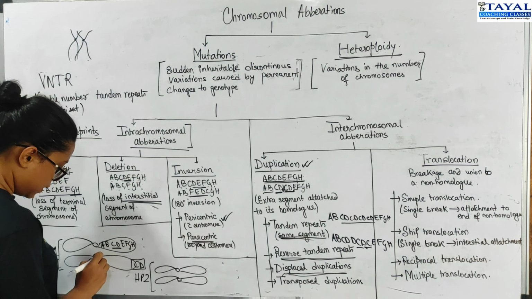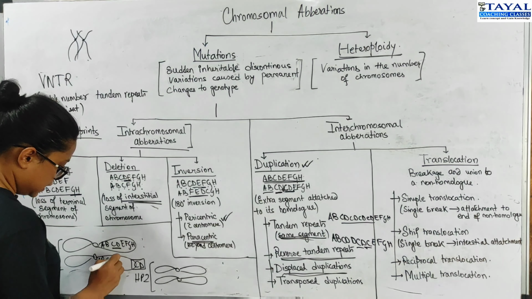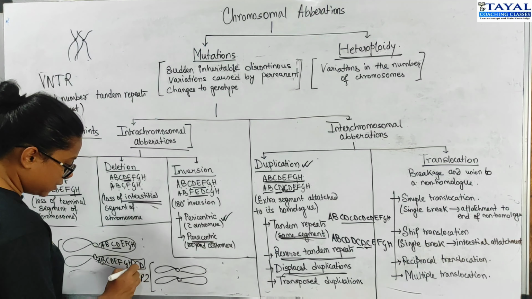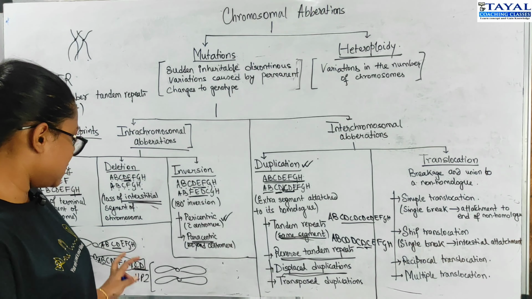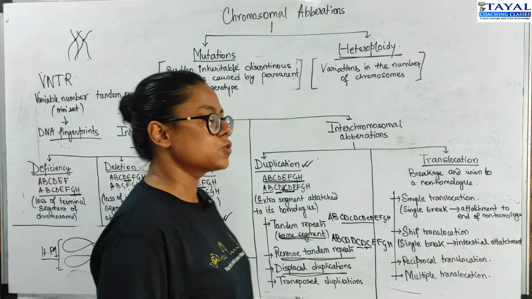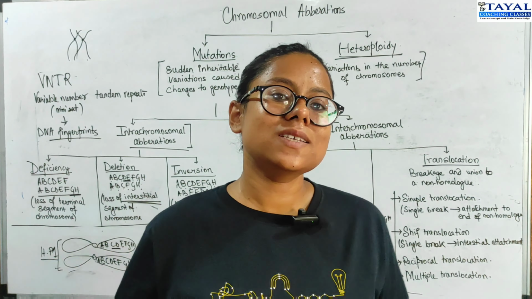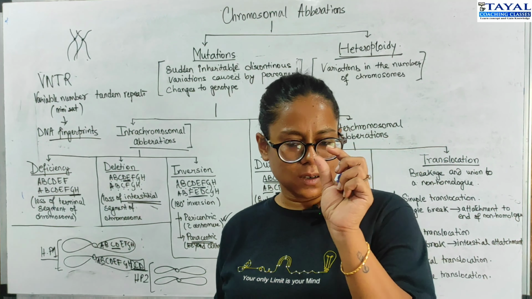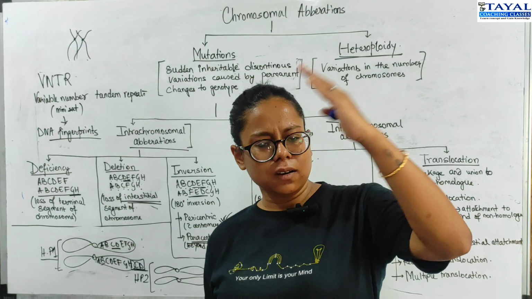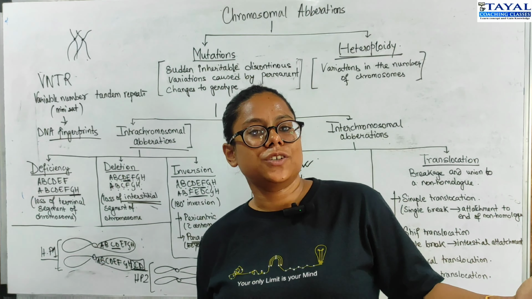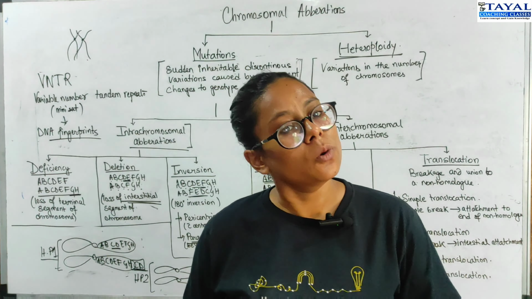So here also you have A, B, C, D, E, F, G, H, but an additional repeat has attached itself to the homologous chromosome, then we call it a displaced duplication, which means the segment has duplicated and attached itself to a homologue.